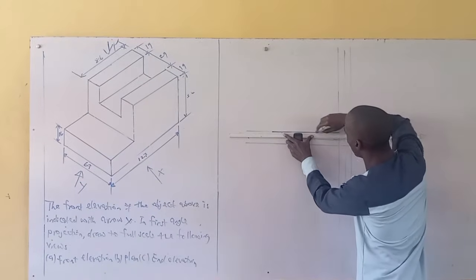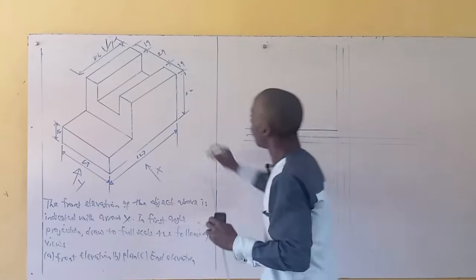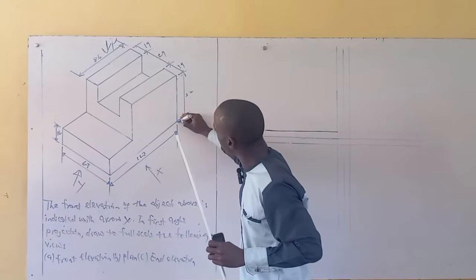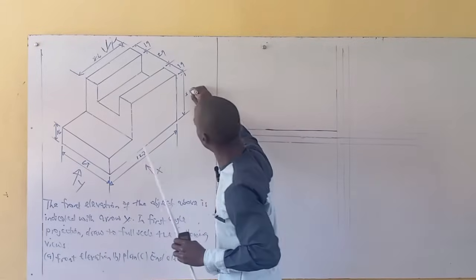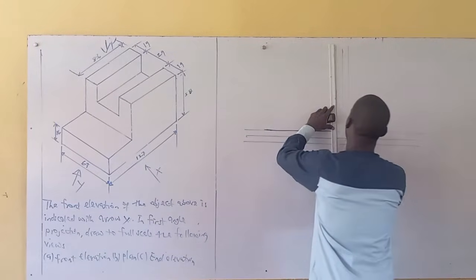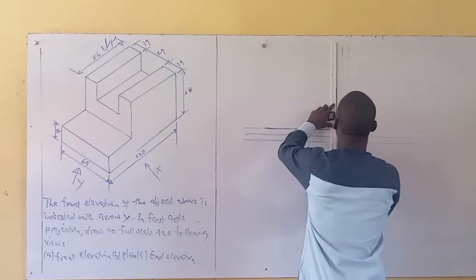Let's take this one to be 127 millimeters. Then we take this side, from this point to this point, which is 50 millimeters. We measure out 50 millimeters.